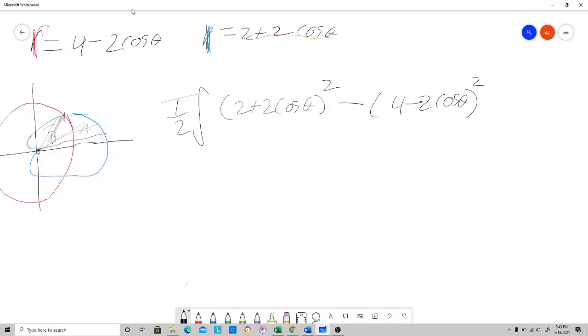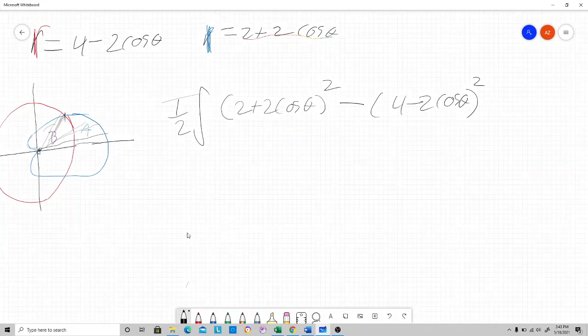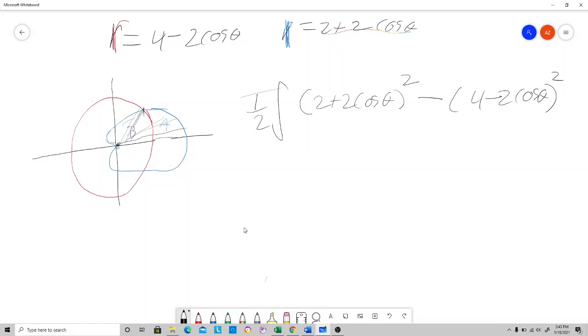Now we want to find the limits of this integral. So I'm gonna set them equal to each other. 4 minus 2 cosine theta is equal to 2 plus 2 cosine theta. When we solve for it, I'm gonna bring this 2 over, so it's 2 minus 2 cosine theta.